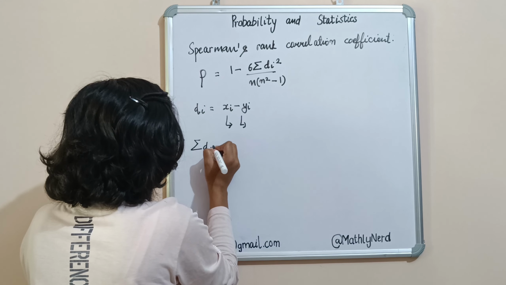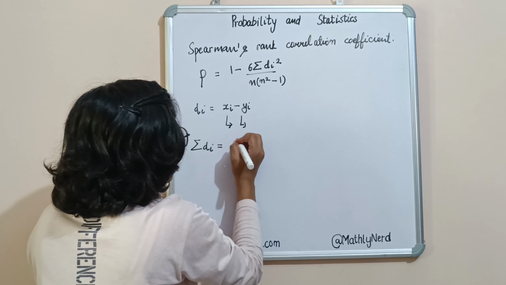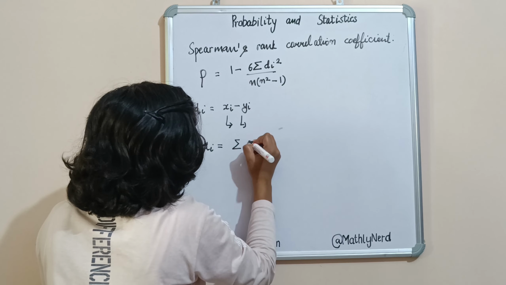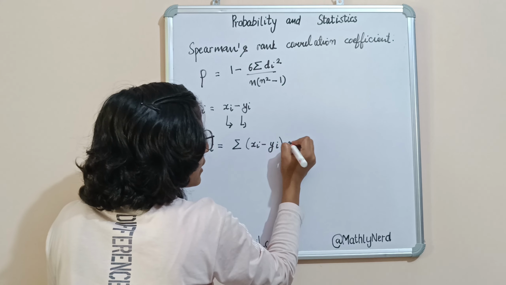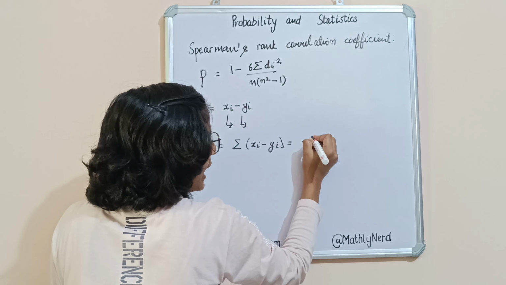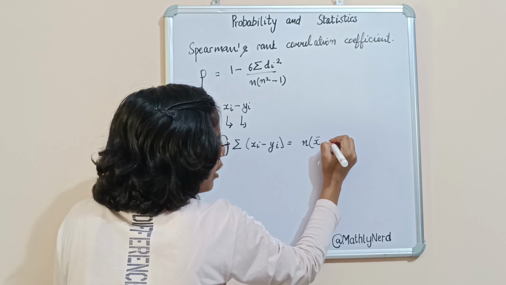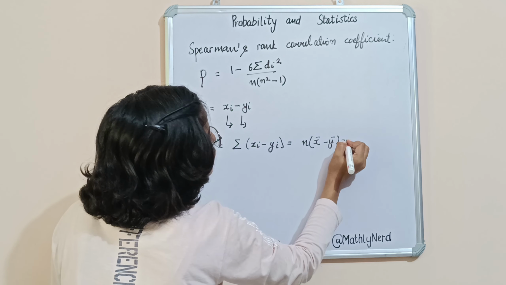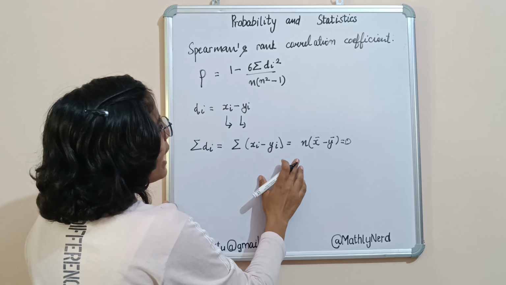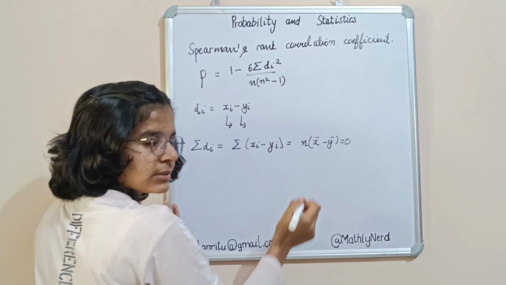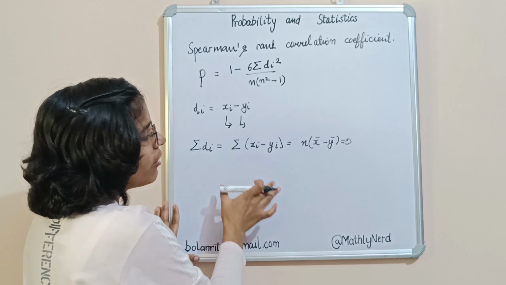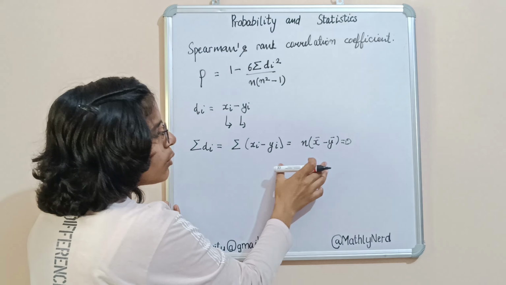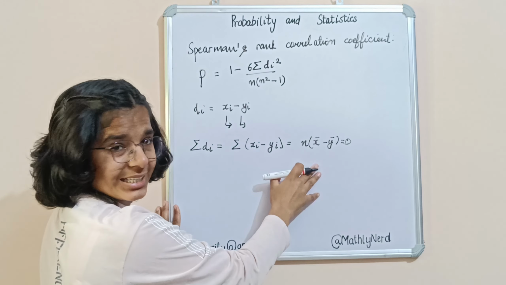Summation di equals summation (xi minus yi), which equals n times (x bar minus y bar), and this equals 0, because these are ranks, so if there are two sets of individuals, both ranked from 1 to 10, their means are equal. That's why this equals 0.